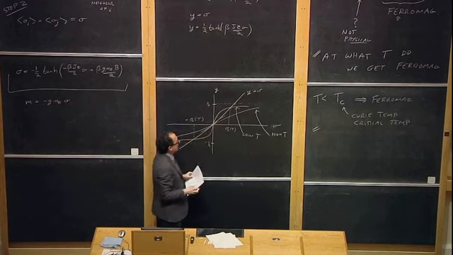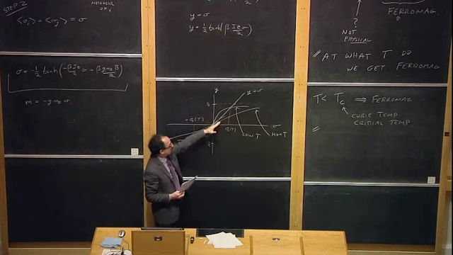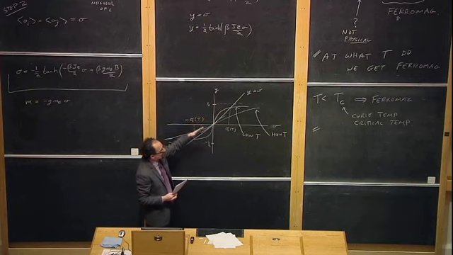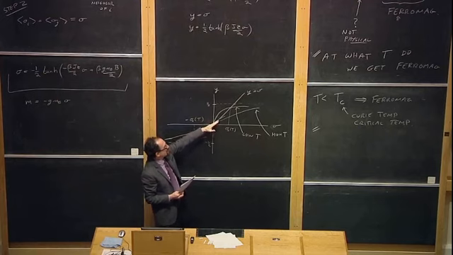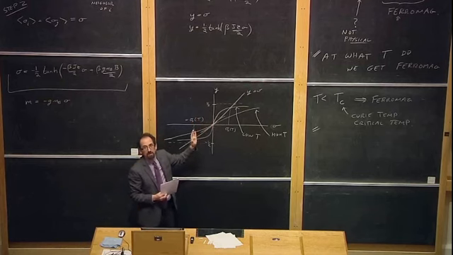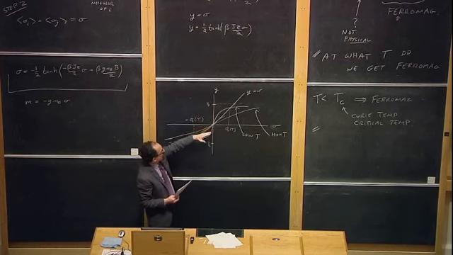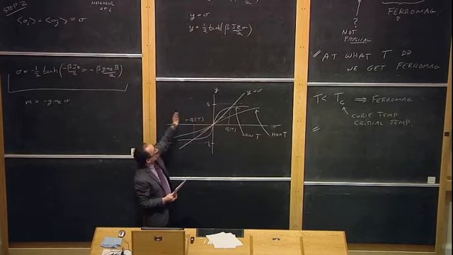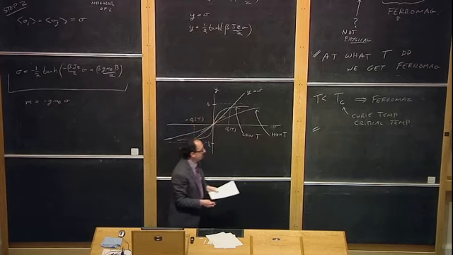And that's the important point for the transition from paramagnetism to ferromagnetism because if the hyperbolic tangent were any less steep, you'd have only one solution, and if it were any more steep, you'd have three solutions. So we have to look for the situation where the hyperbolic tangent has exactly the same slope as y equals sigma.